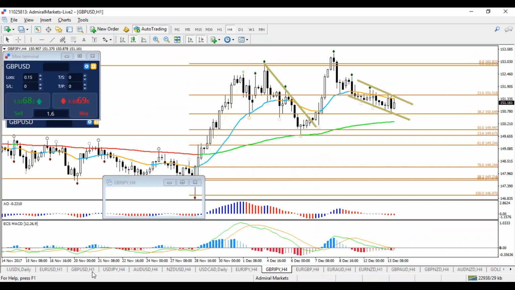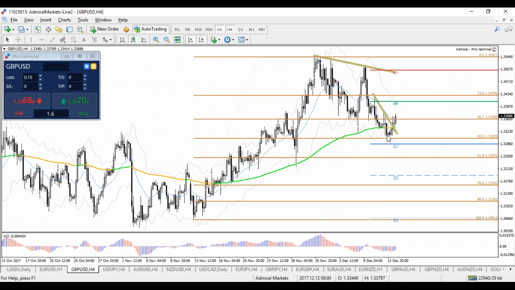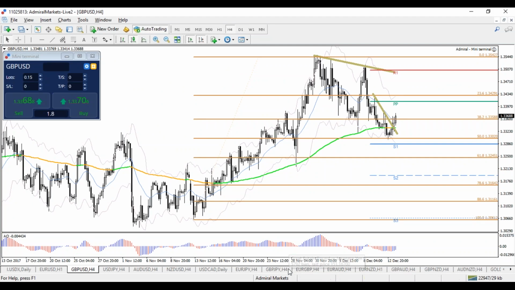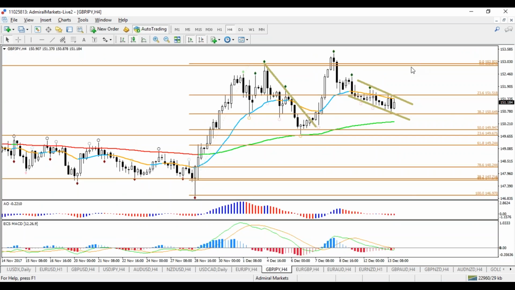I think that pound, as I said, is still at support. Dollar yen is still at support. So if pound dollar bounces and breaks and dollar yen bounces and breaks, then if both do that, the pound yen should also follow suit and move to the upside. So that's my view at least.